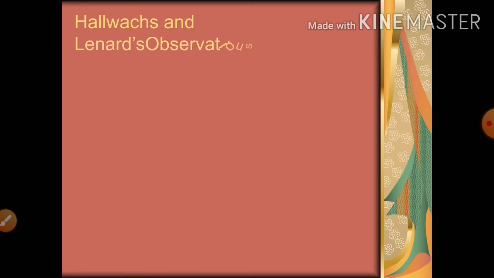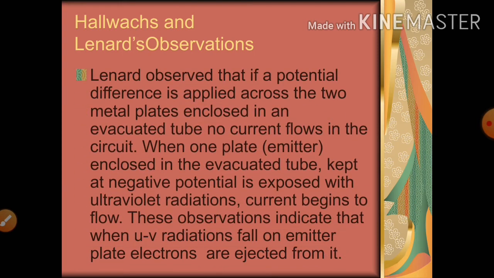Now, Hallwachs's and Lenard's observations. Lenard observed that if a potential difference is applied across the two metal plates enclosed in an evacuated tube, no current flows in the circuit.